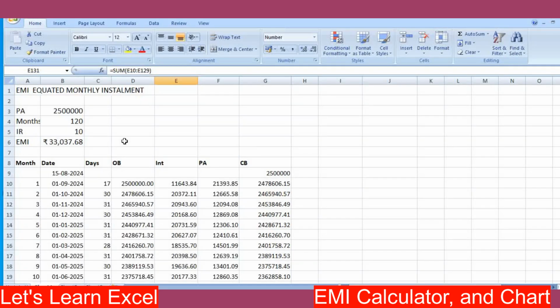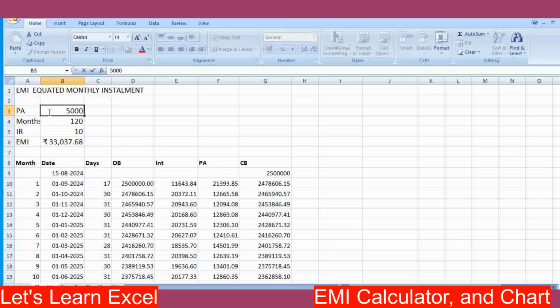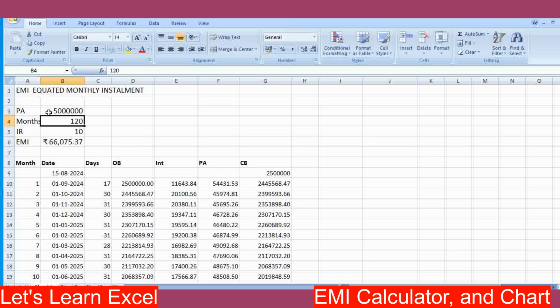We can have what-if analysis here, because everything is automated here. All calculations are with formulae. So now suppose we are taking a loan of say 50 lakhs. Okay, 50 lakhs, and the interest rate will be the same. Okay, so now here we have to change this field, right?